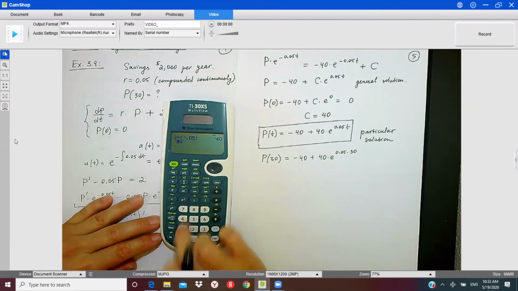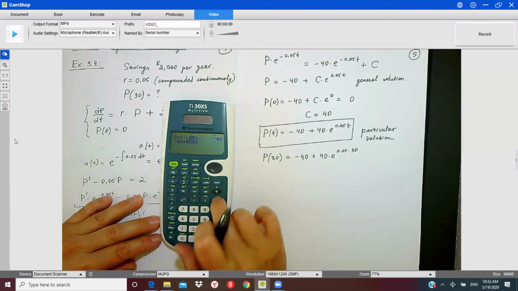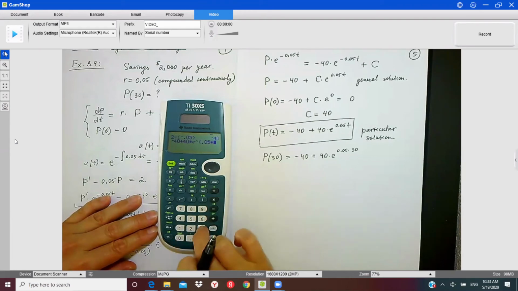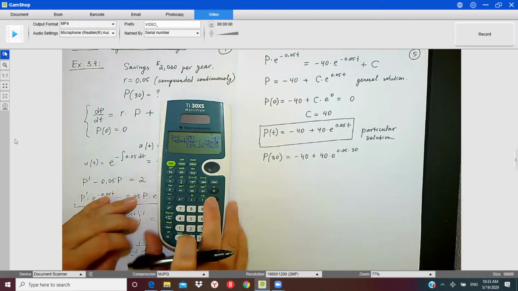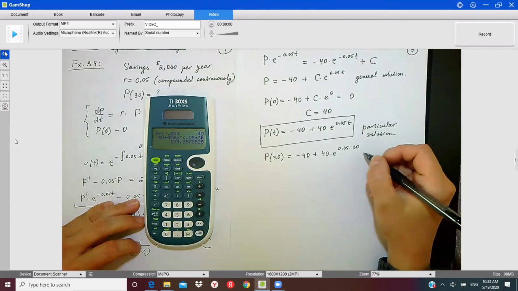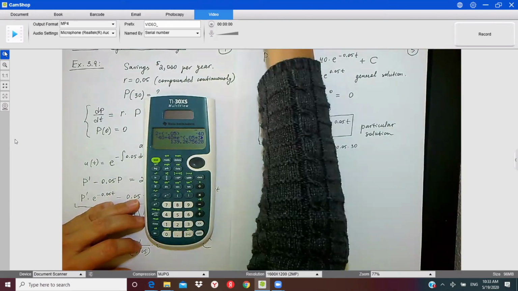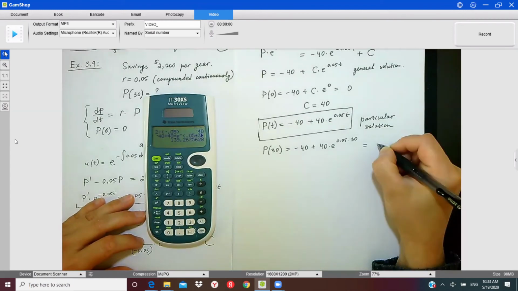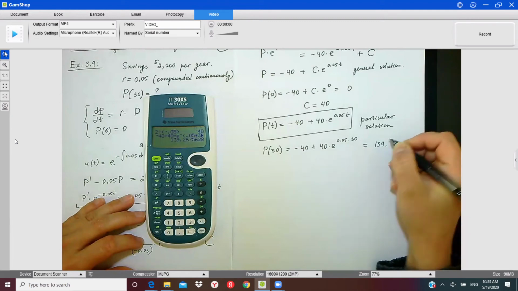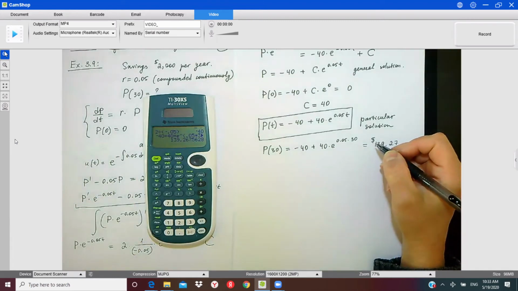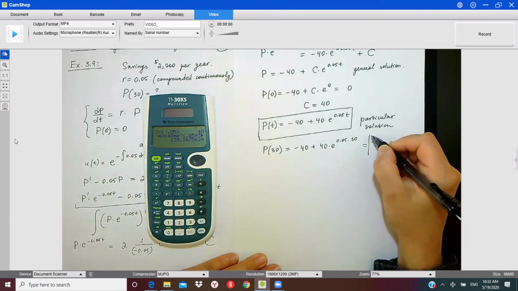So all I have to do is type in this formula and round the answer to the nearest cent. So I'm getting $139.27. So any questions?